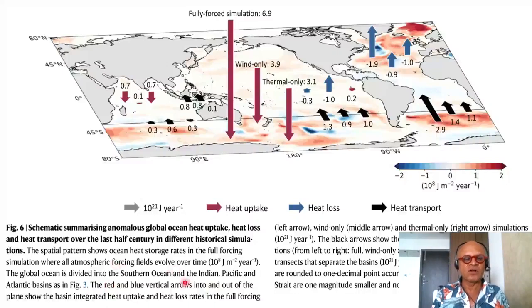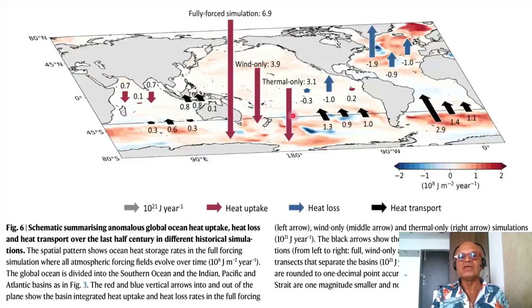as we saw before. The red and blue vertical arrows into and out of the plane show the basin integrated heat uptake and heat loss rates in the full forcing. So that's the left arrow here. There are full forcing, wind only, and thermal only forcings involved in these arrows.